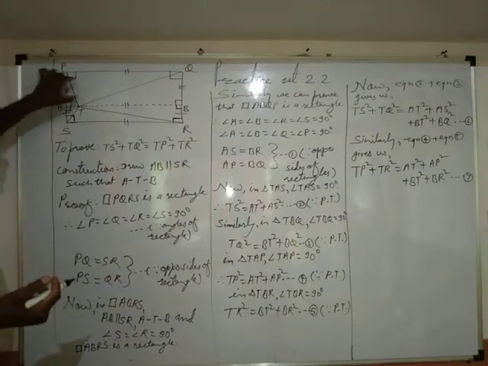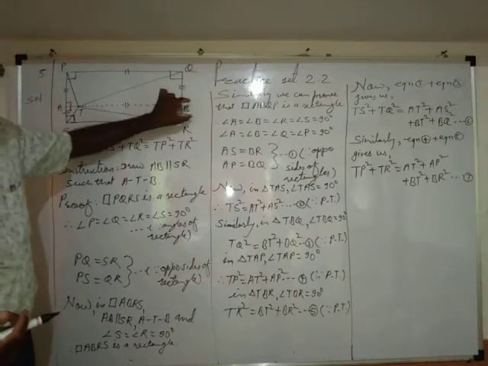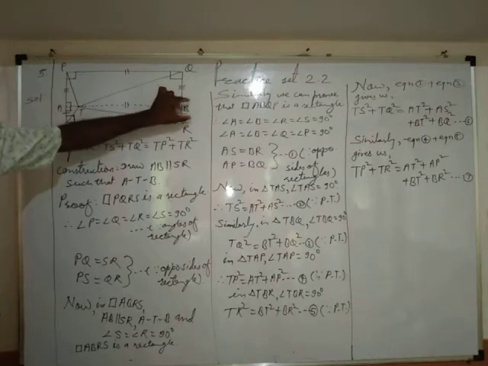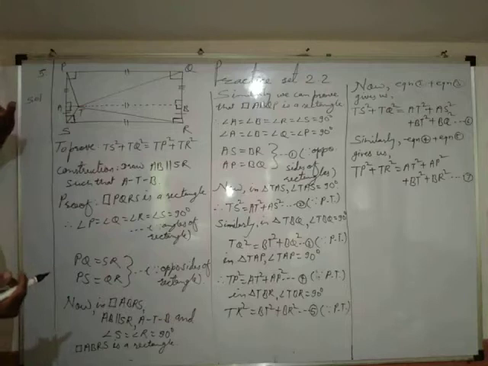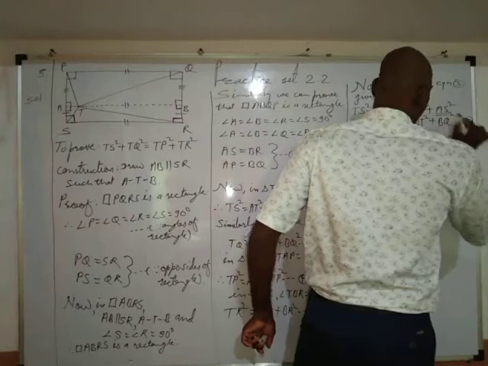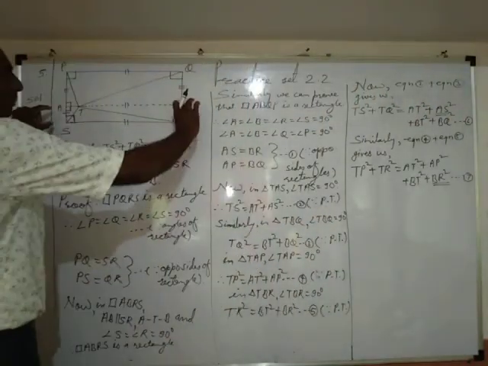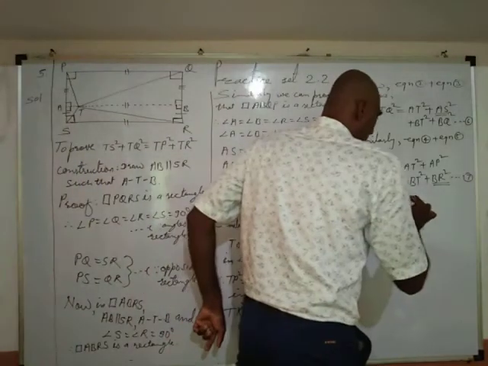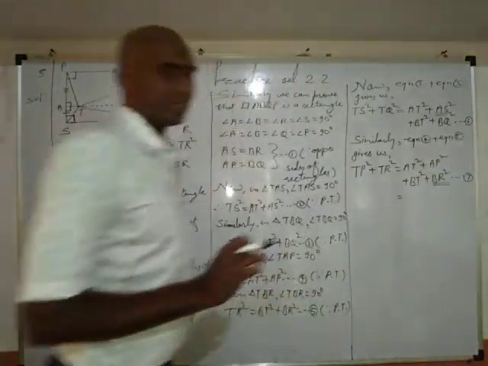Now AP equals BQ and AS equals BR. Means AS square we may replace by BR square, or BR square we may replace by AS square. AS square and BR square are one and the same. That's why we are going to replace this BR square with AS square.